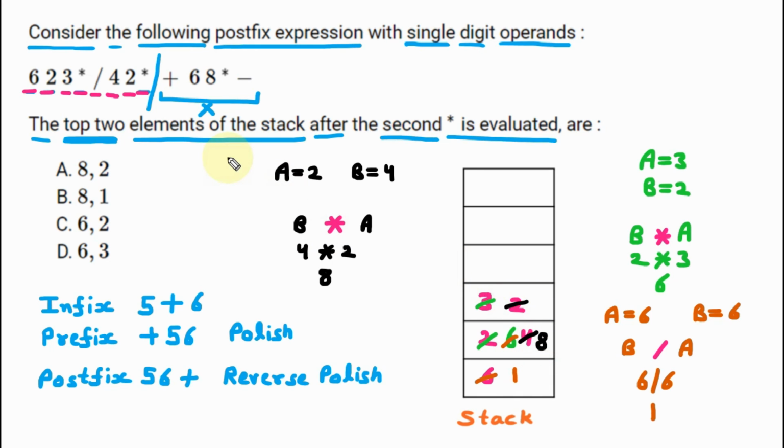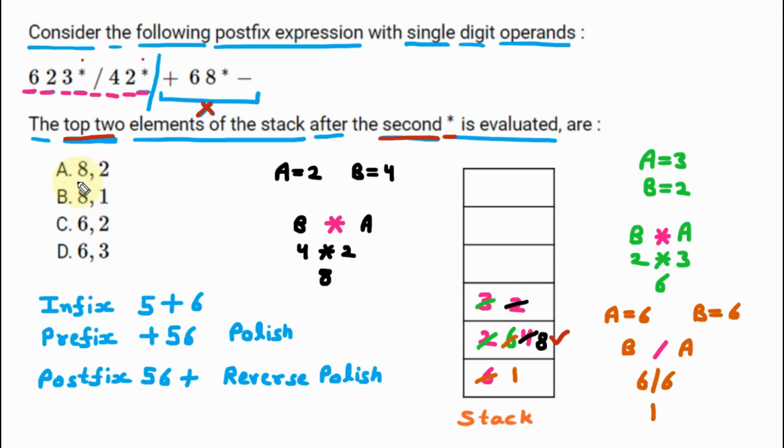Here we know that we don't have to solve further because the question is saying the top two elements in the stack after the second star is evaluated, and we know that this was the first star and the second star, and the second star is already evaluated. So we have to stop here and we have to find out what are the top two elements inside the stack. We can see that on the top we are having 8.